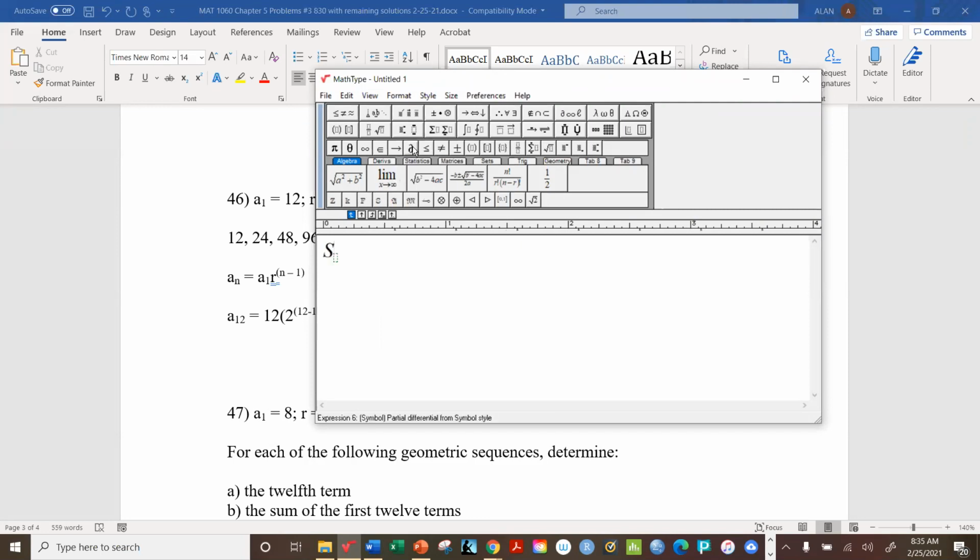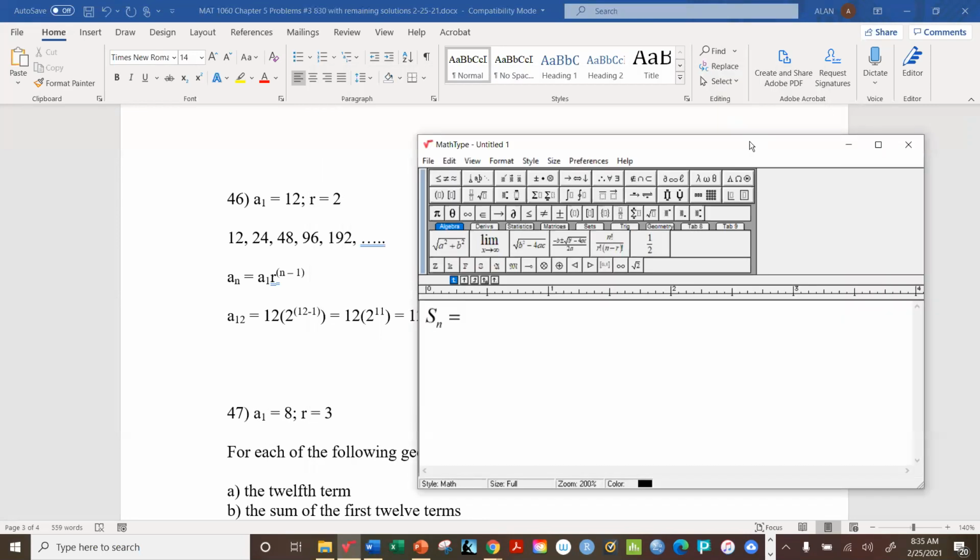Even if we were doing this class in person, I used to give out a formula sheet, and these formulas were on it anyway. So you don't have to remember these, but you should recognize them when you see them. You have to be able to tell them apart. And the way you can tell this one is meant for the geometric sequences is that it contains an R instead of a D, the common ratio rather than the common difference.